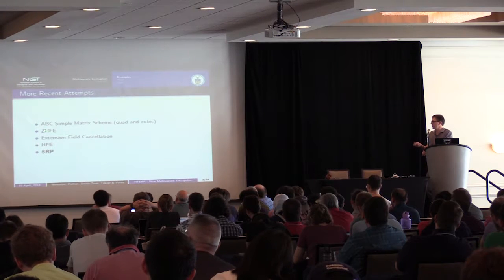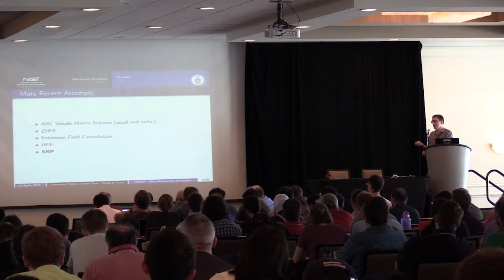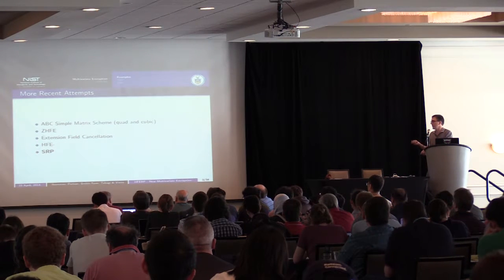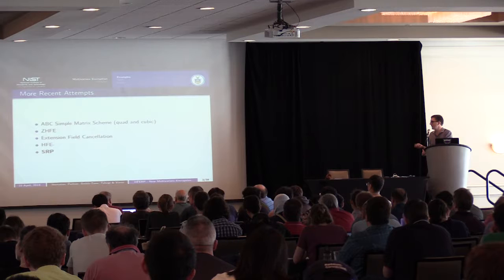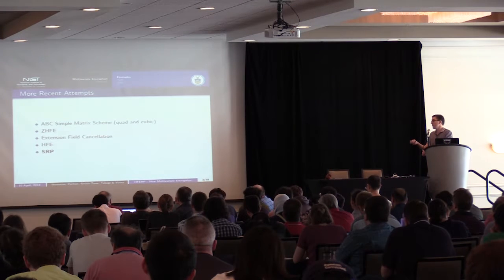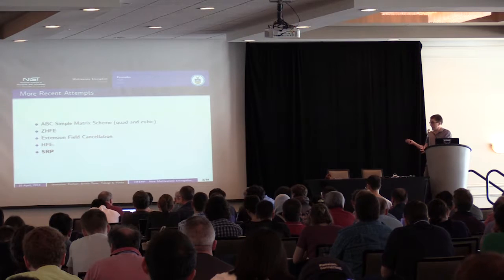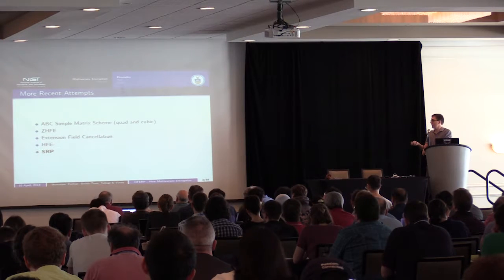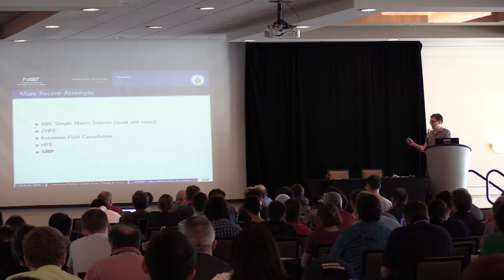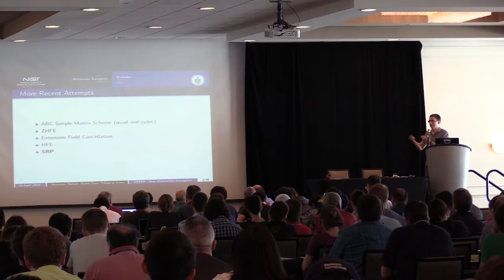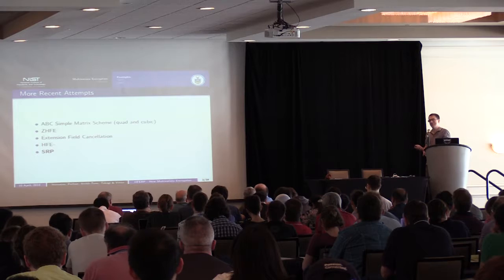Extension field cancellation, not yet, but possibly soon. HFE minus, at the last PQ Crypto we came up with an attack. You can easily find parameters that avoid that attack, by the way, but still a surprising attack. SRP, we completely destroyed that scheme. We really obliterated that scheme. And that's what we're basing our new scheme off of, interestingly.